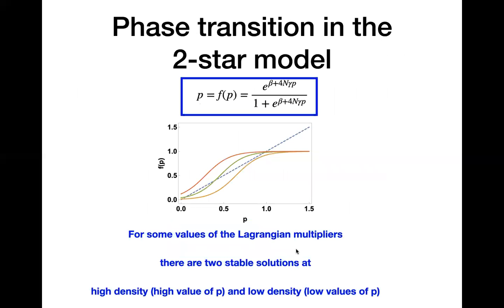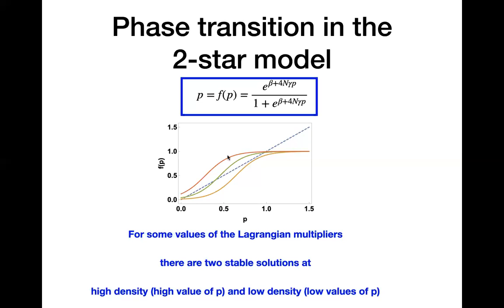So how can we solve that? Well, we can plot the function p here, which is the left-hand side, and the function f of p, which is the right-hand side, which is this either red, green, or orange curve. And we can look at when these two functions coincide. So you see, for the orange curve, you have just one solution, for a very small value of p.